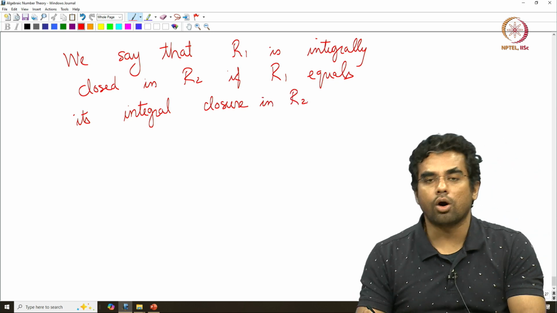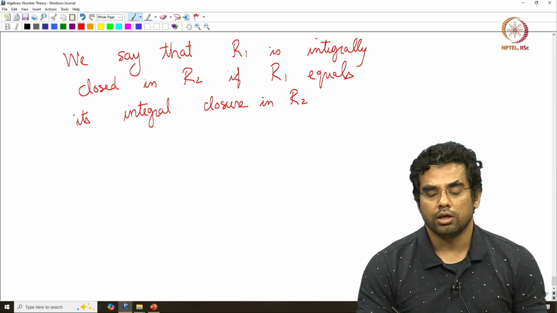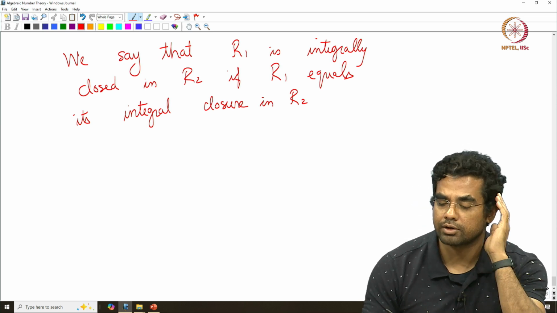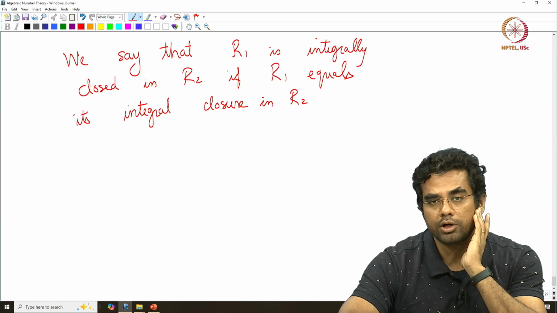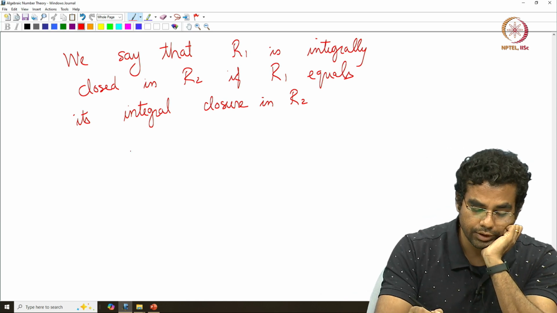Okay. So, you take all elements of R_2 that are integral over R_1. If the set you get is equal to R_1, then we say that R_1 is integrally closed. So, every element of R is of course integral over R. Right.